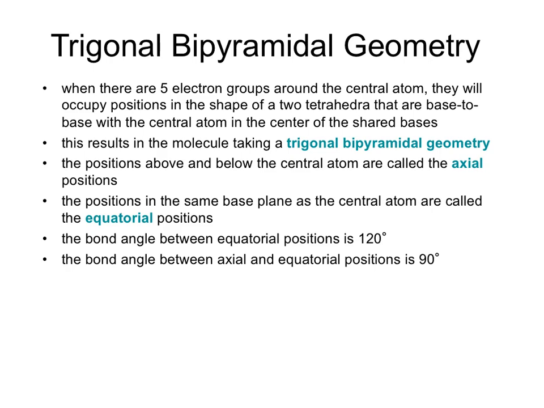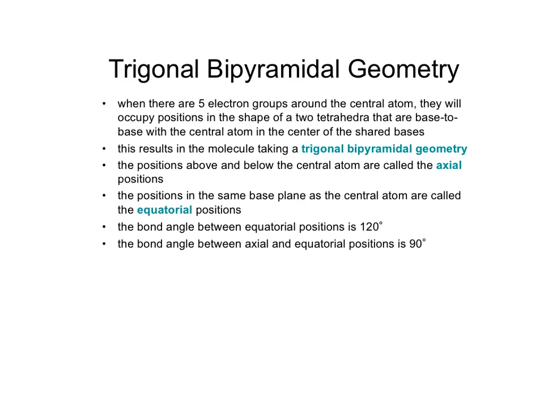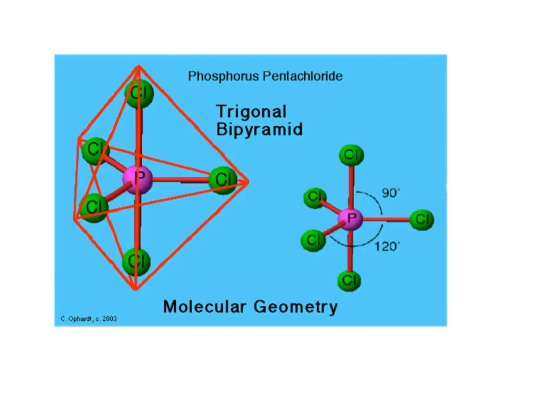All right, the next one is trigonal bipyramid. I'm not going to read all this stuff, let's just look at it. This figure on the left here is good. So you have 2 4-sided pyramids that share a common face.